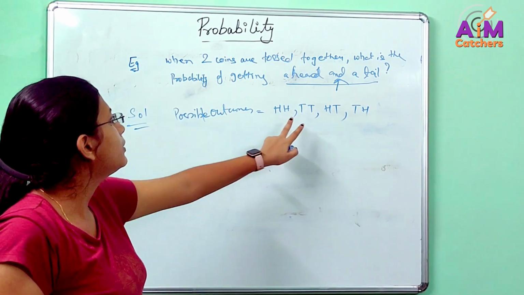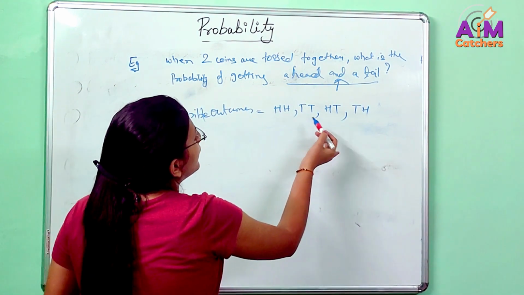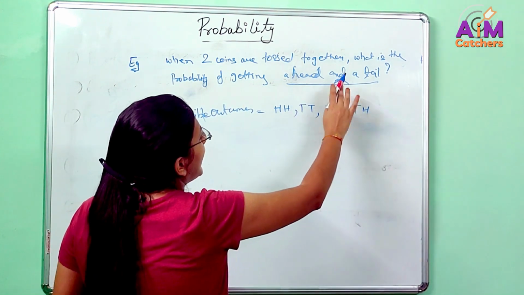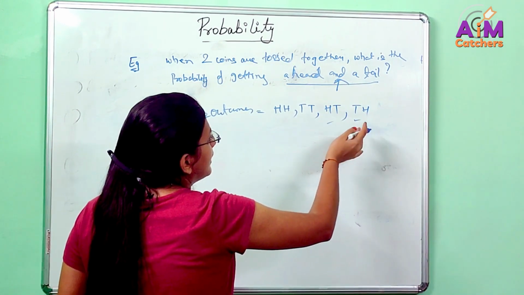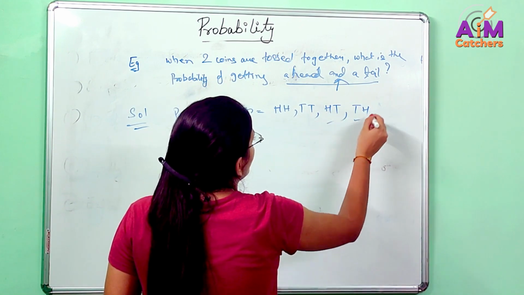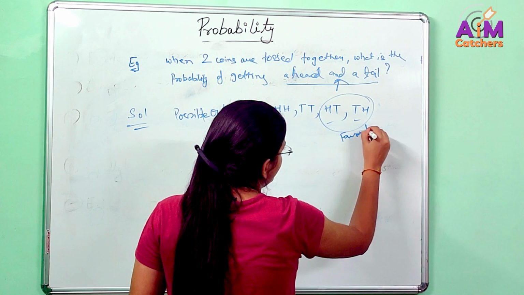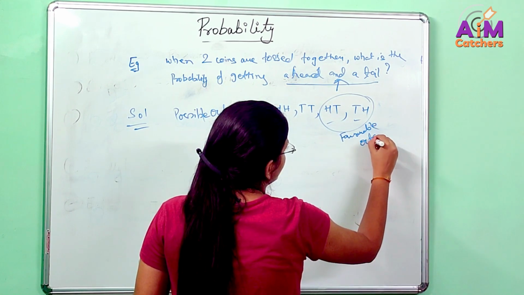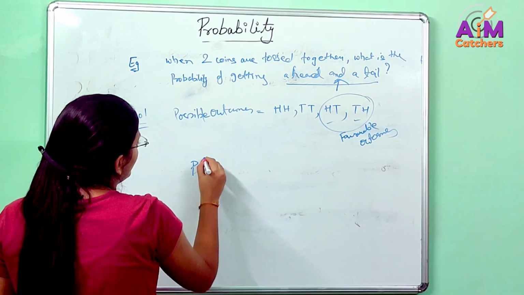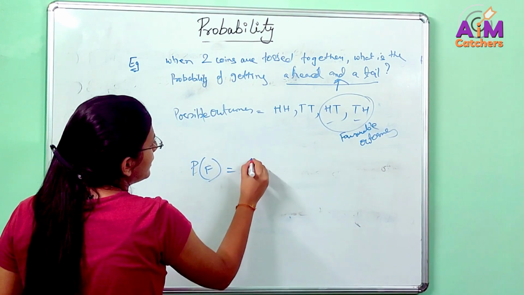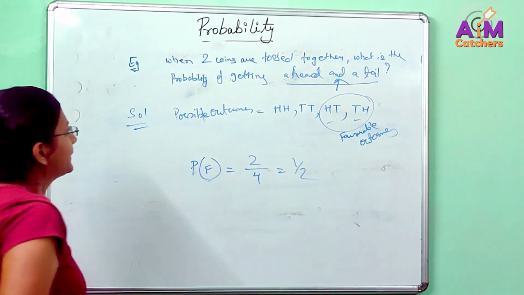Now what are the favorable outcomes, where you are getting a head and a tail, both of them single? So these are the favorable outcomes. Okay. So what will be our probability? The probability of favorable outcomes is 2 by 4. That is 1 by 2.